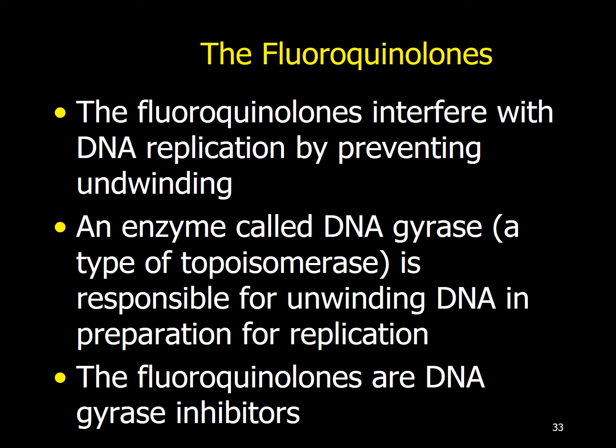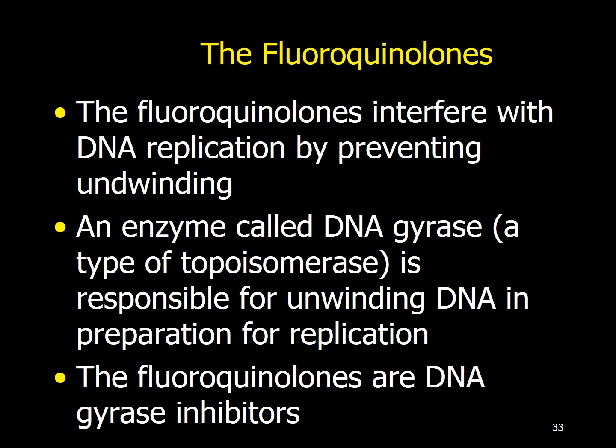The fluoroquinolones work differently. They interfere with DNA replication by preventing the unwinding of that parent DNA. Again, remember that in order to replicate the DNA, the first thing that happens is that the Watson-Crick double helix of the bacterial DNA has to unwind. And of course, there's a whole series of enzymes that facilitates this unwinding.